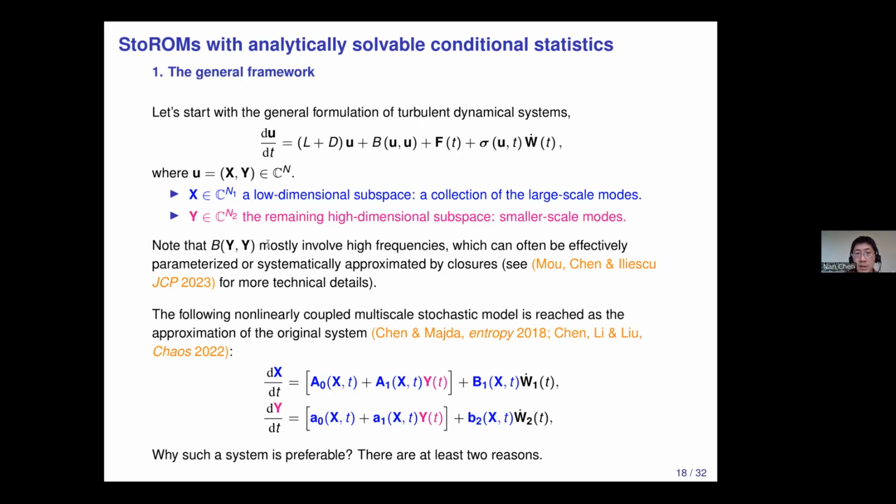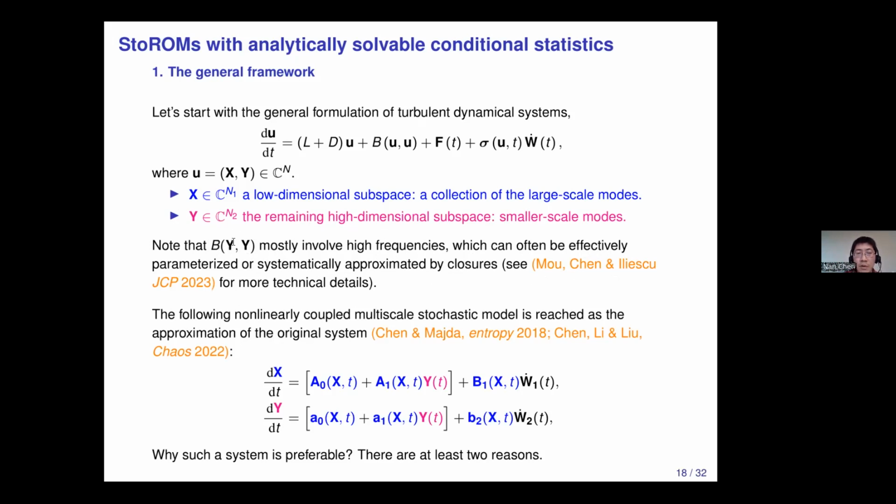And because it looks like this high frequency, short memory, and pretty noisy, we can try to represent this B(Y,Y) using some effective parameterization or some systematic closures to eliminate this effect. There are some very good technical details, again, developed by Chang-Ho Mo in this paper if you're interested.